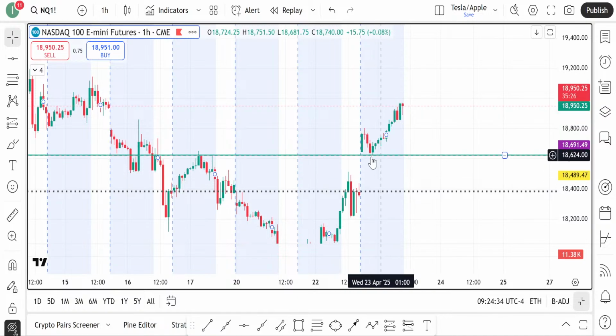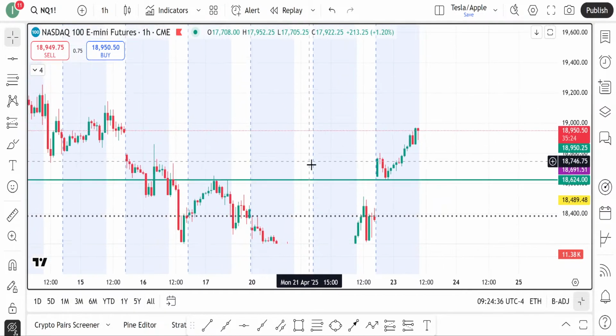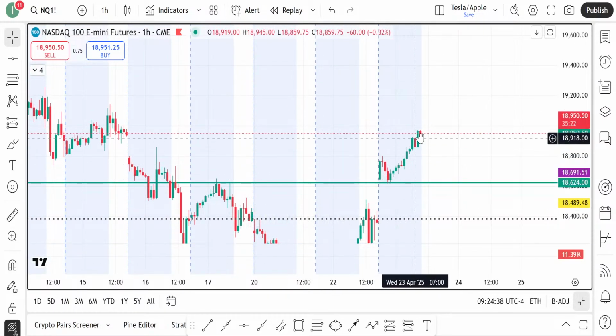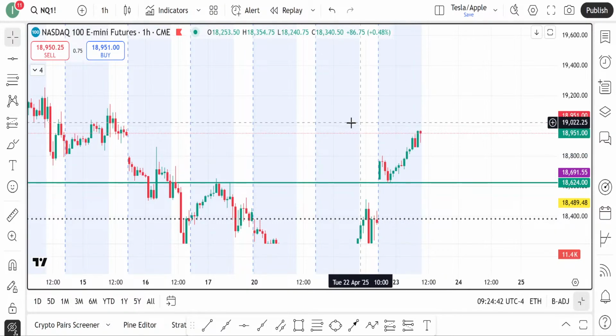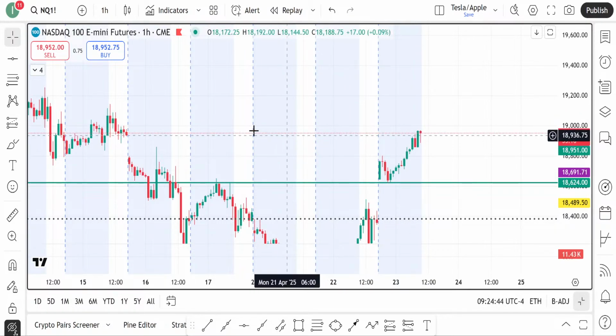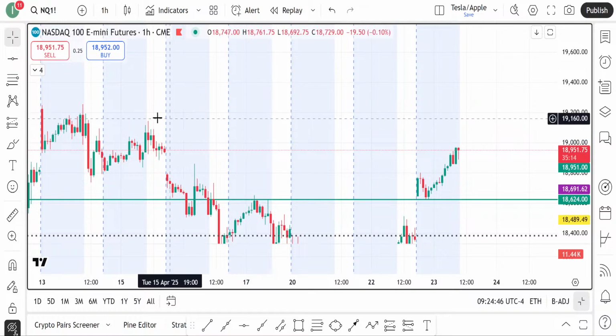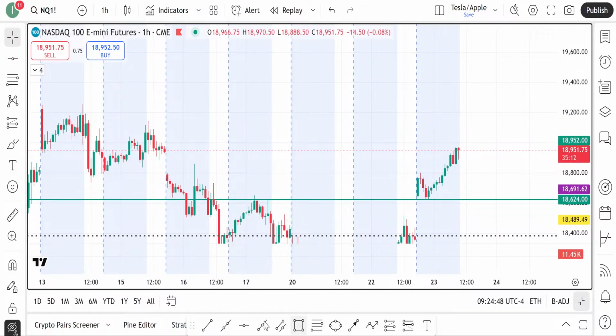All right, so that's my hourly support. I don't have resistance near here, so no resistance here, none here. We have resistance here, so I'm gonna mark that one.